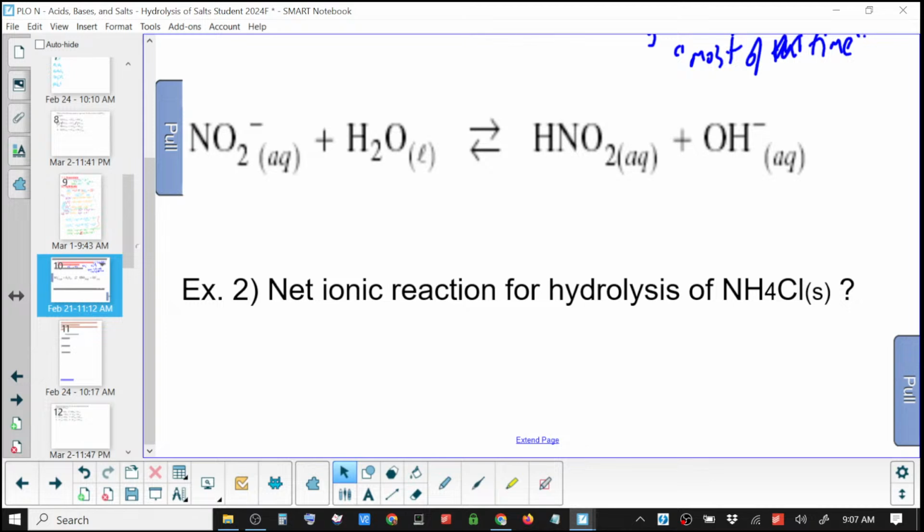Or on the quiz, for some of them, you had a question like: you have so many molars of calcium hydroxide, let's say it was 1.2 molar. It would ask, what is the pH? And all you had to do was this.